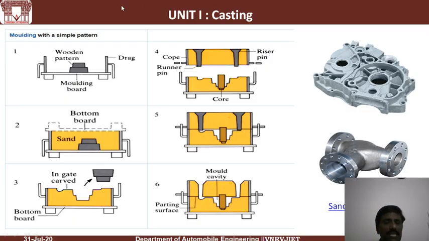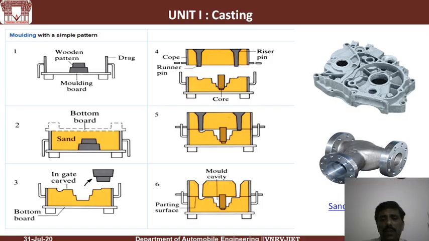Casting consists of three main steps. First, we require a pattern. That's what you can see here, the pattern. A pattern is made with different materials, but here it is a wooden pattern. Then with the help of this molding board and cope and drag, we prepare the mold cavity, and the cavity is the shape of a replica of the casting which we require.